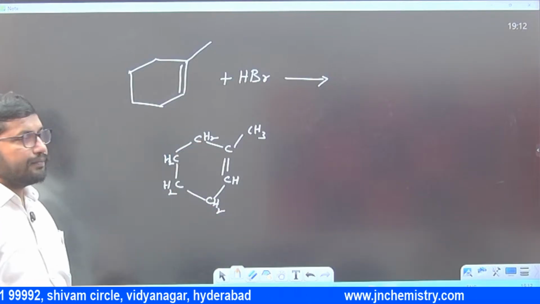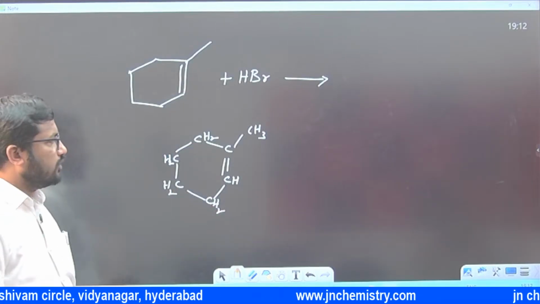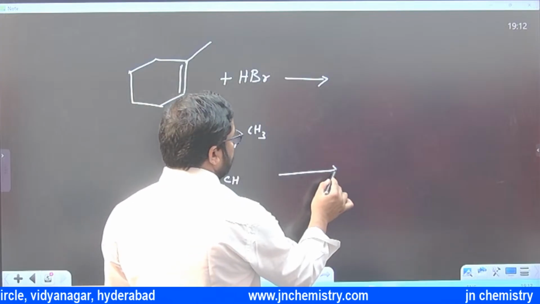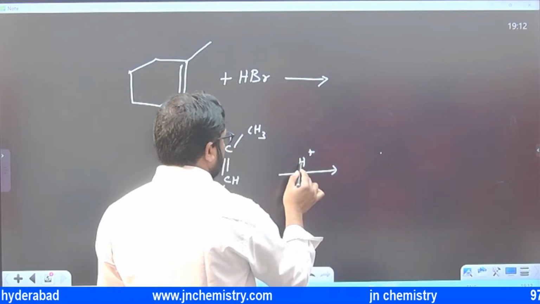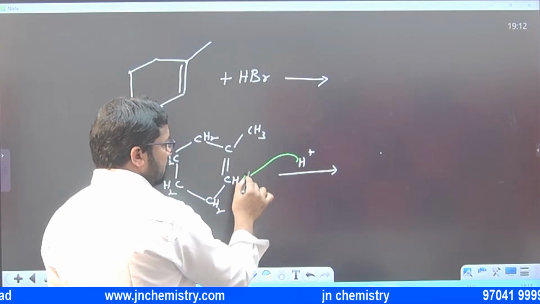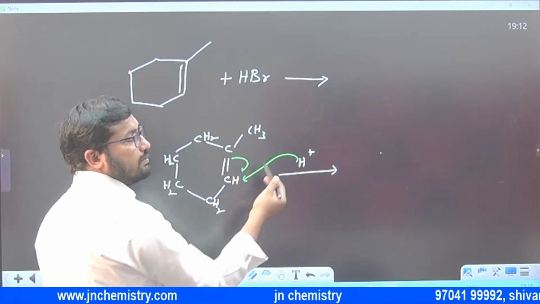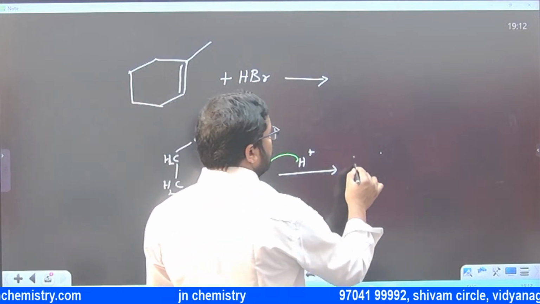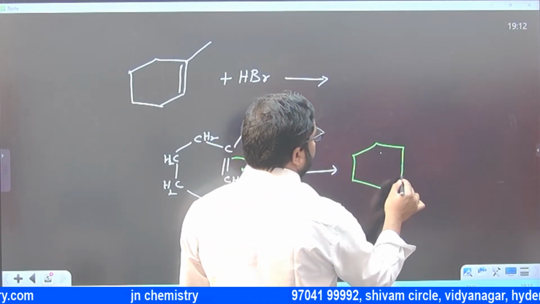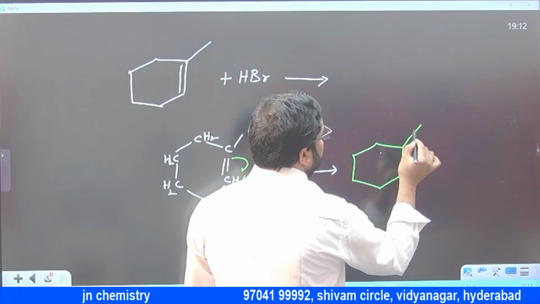Both are same. Okay. So the first H plus is coming and attacking this position because the bond is migrating to here, because H plus doesn't have any electrons.